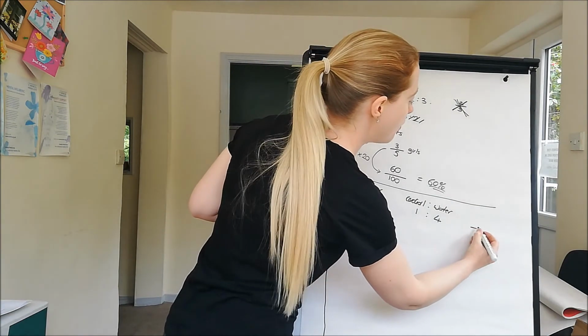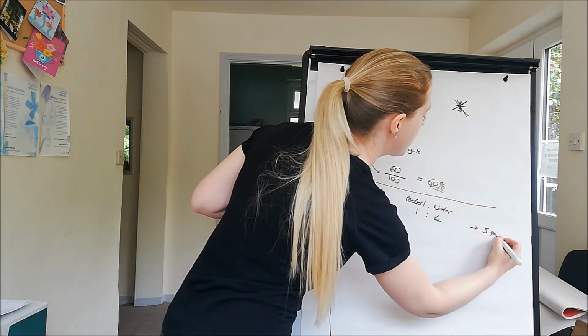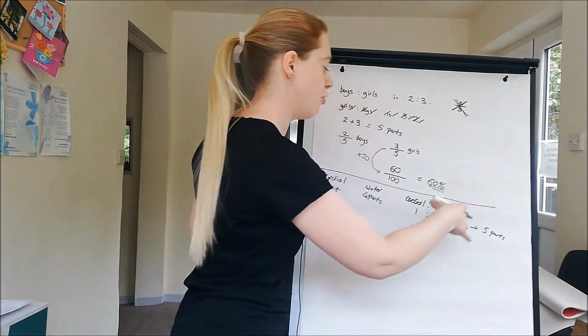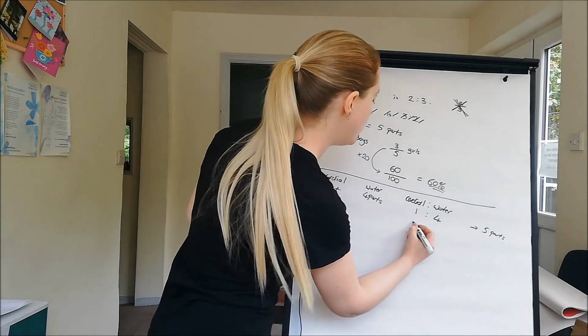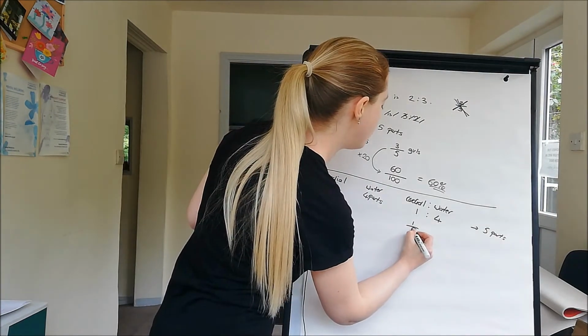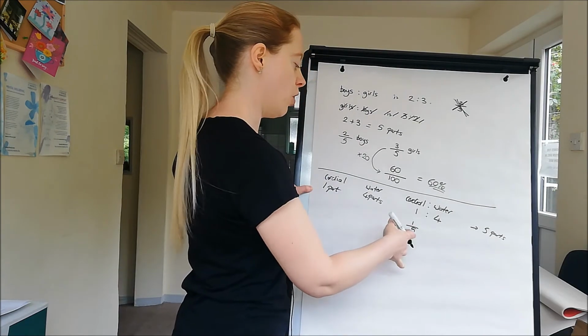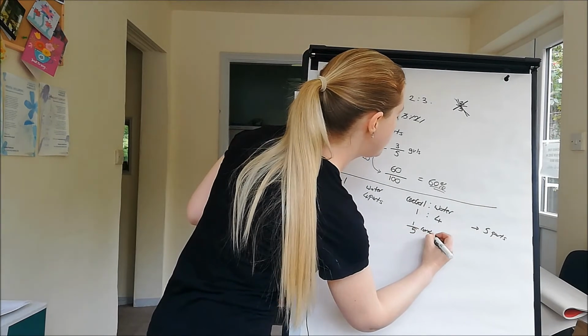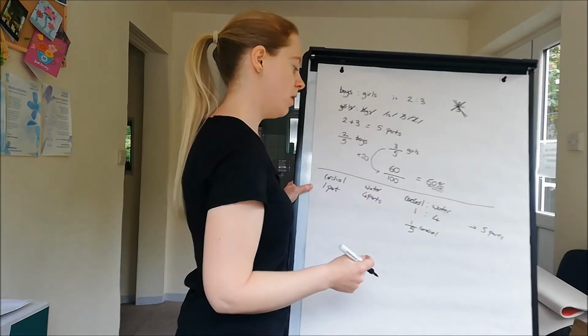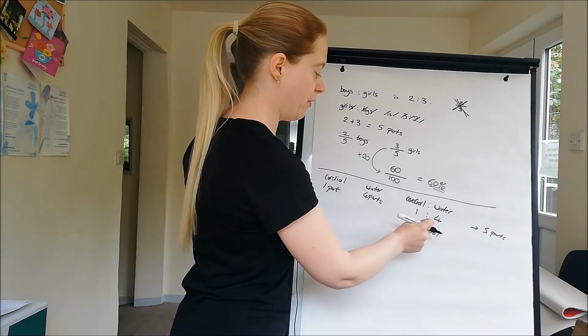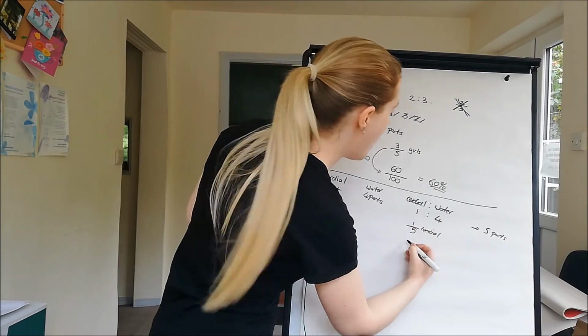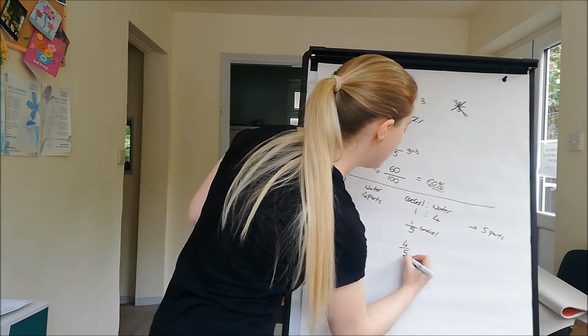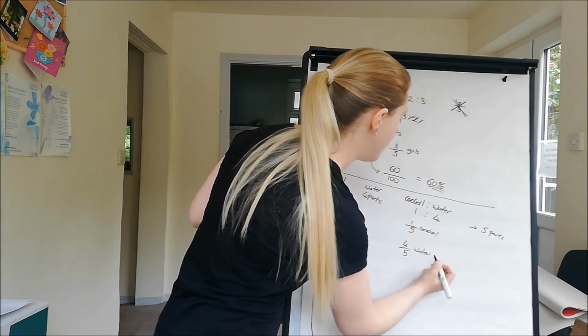Altogether, that means that we've got 5 parts because we've got 1 part cordial and another 4 parts water, which means that 1 out of 5 parts are cordial. So 1/5 of the mixture is cordial. If there's 1/5 cordial and the other 4 parts are water, that means that 4/5 of the mixture is water.